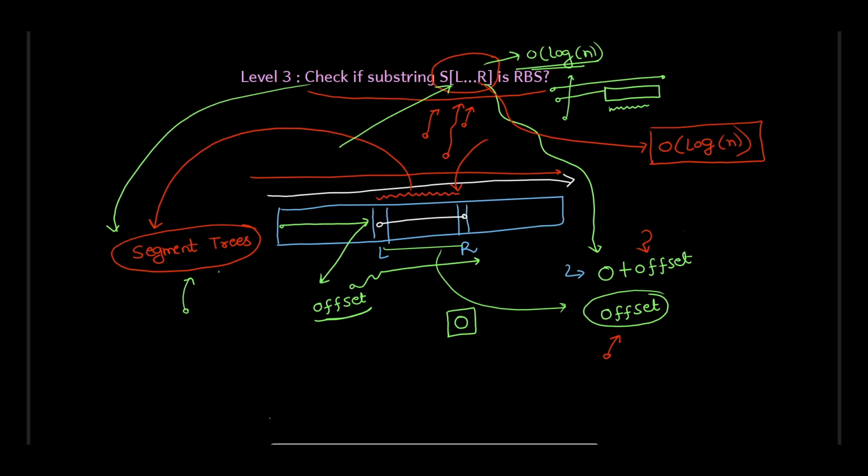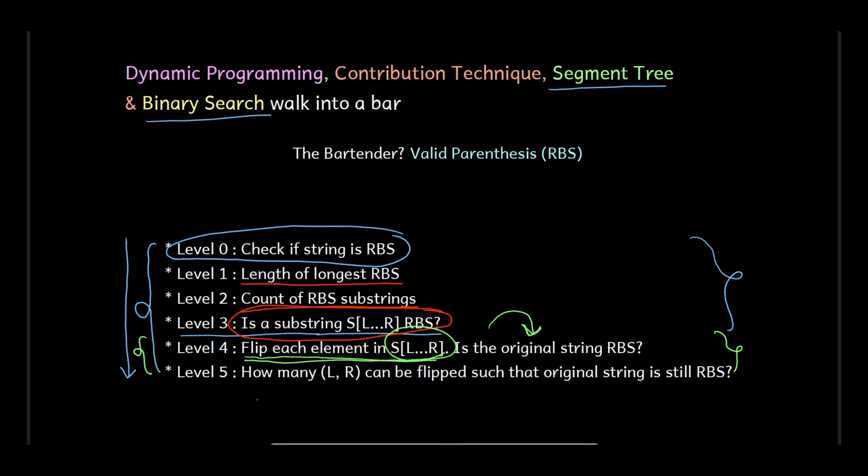And finally, for the last version, how many subarrays are there that can be flipped while still making the original string RBS. This is just the contribution technique version for this, just like this was the contribution technique version for this. So this time you have to find out how many valid pairs exist.